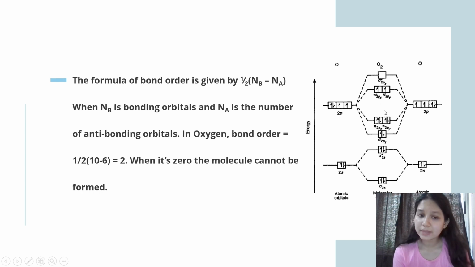So like this you will have 10 electrons in the bonding molecular orbitals and 6 electrons in the antibonding molecular orbitals.